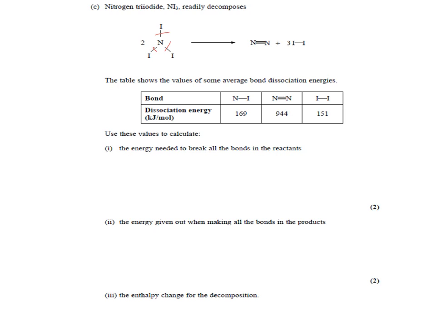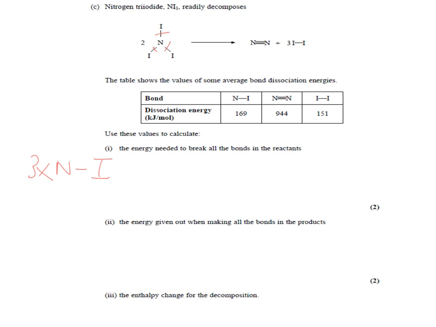So you might think, okay, we're going to break 3 nitrogen to iodine bonds. But remember this 2 here. Now this 2 here indicates we've got 2 lots of the nitrogen triiodide. So we haven't got 3 of those, we've actually got 6.